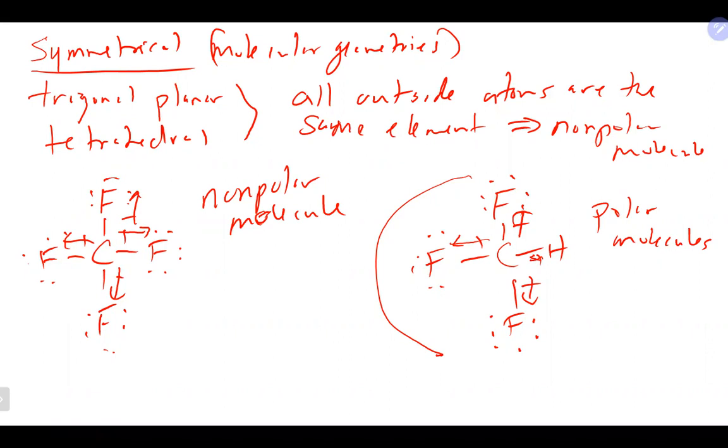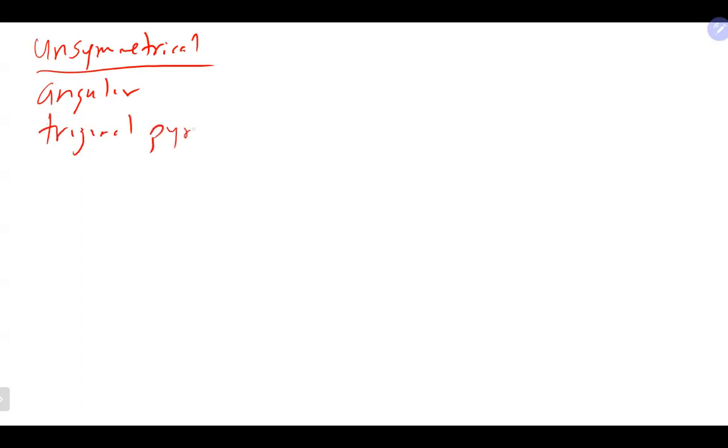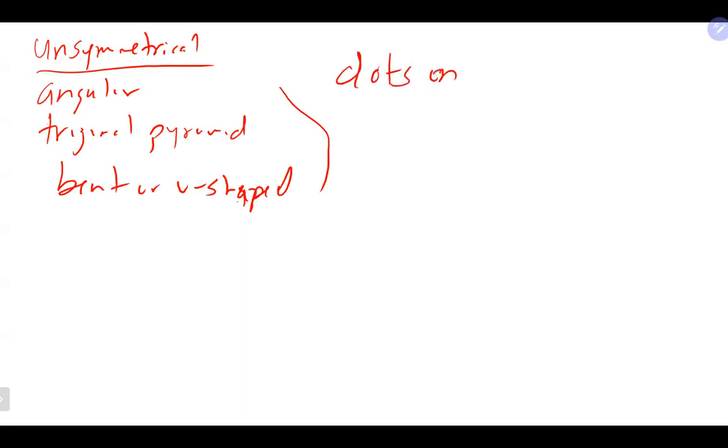There's also unsymmetrical geometries. And for us, that would then be angular. That would be trigonal pyramid. That would be bent or V-shaped. And basically what all these have in common is there are dots on the central atom when you draw your Lewis structure.